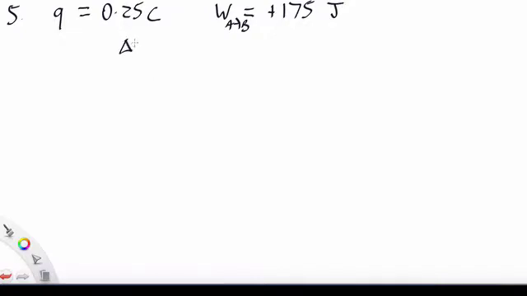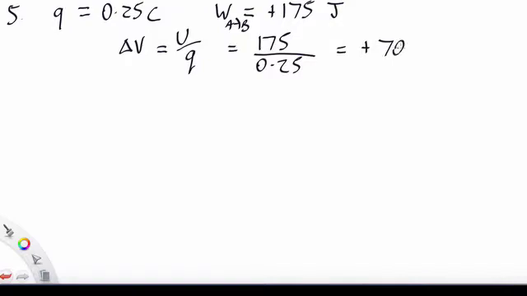So we know that the potential difference is just the potential energy per unit of charge. It is 175 over 0.25. So that is 700 volts, and we have raised its potential because we've done positive work on it to raise its potential energy.